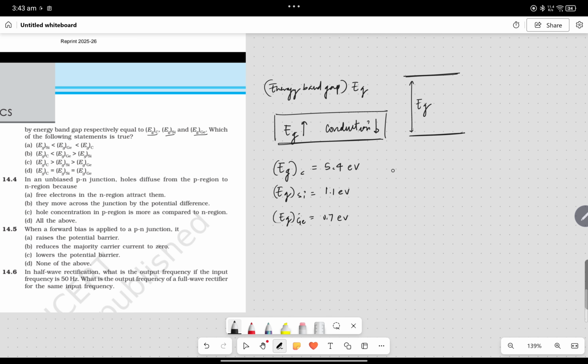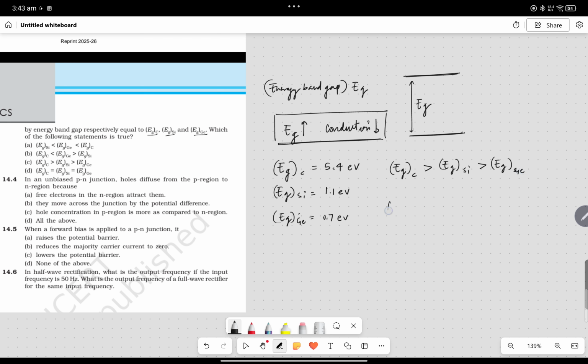So that's why carbon has very little conductivity, and then silicon, and then germanium. So the energy gap in carbon is greater than the energy gap in silicon, and then the energy gap in germanium, right?